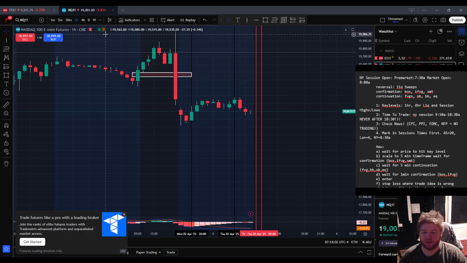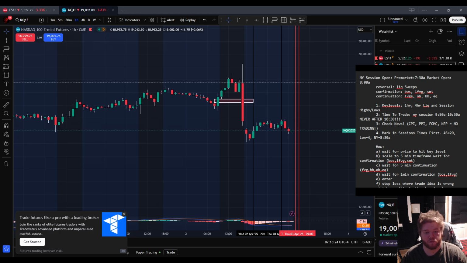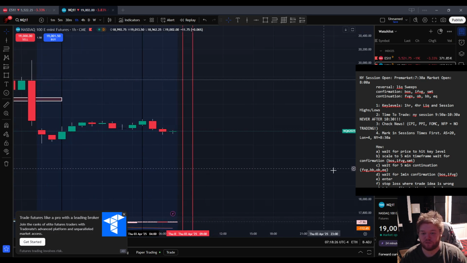Inverse fair value gap on the lower time frame. Breaker block. Sweep. Order block. Yeah, order block. Boom. It should continue falling. Should.